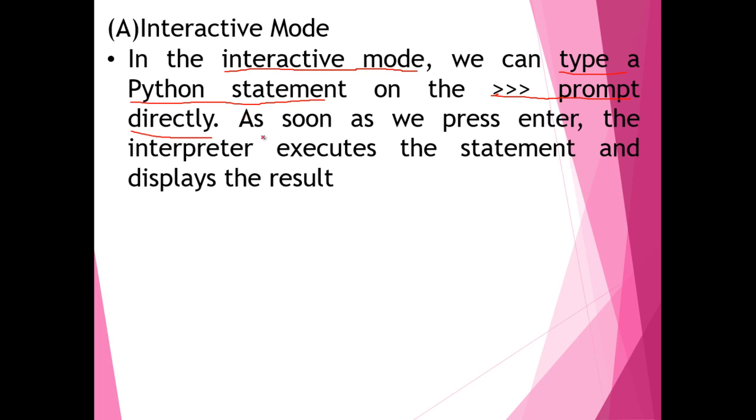Once you have written the statement, as soon as we press enter, the interpreter, as I told you Python basically uses an interpreter, right? So what work will this interpreter do? This interpreter basically executes the statement and displays the result.